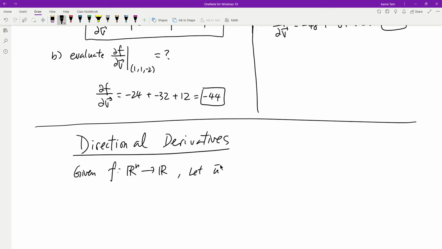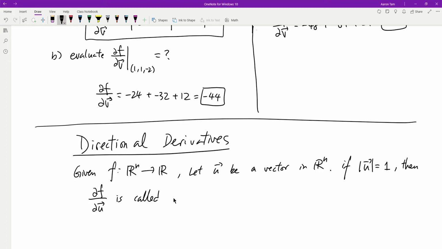Let u be a vector in Rn. If the length of vector u is equal to 1, therefore indicating that vector u is a unit vector, then the derivative in the direction of u, df over d vector u, is called the directional derivative.